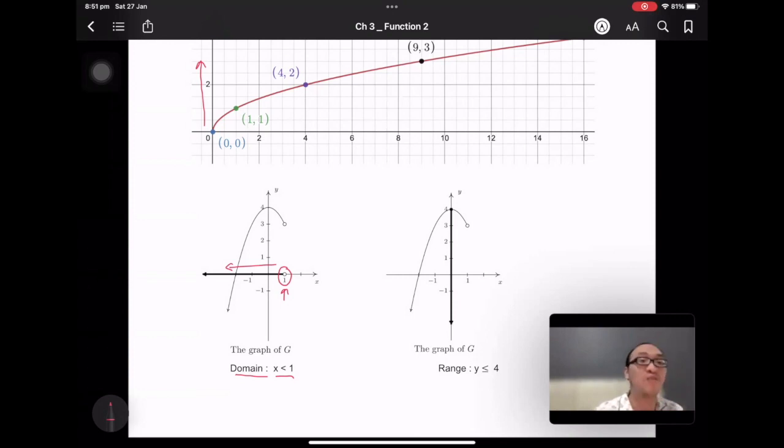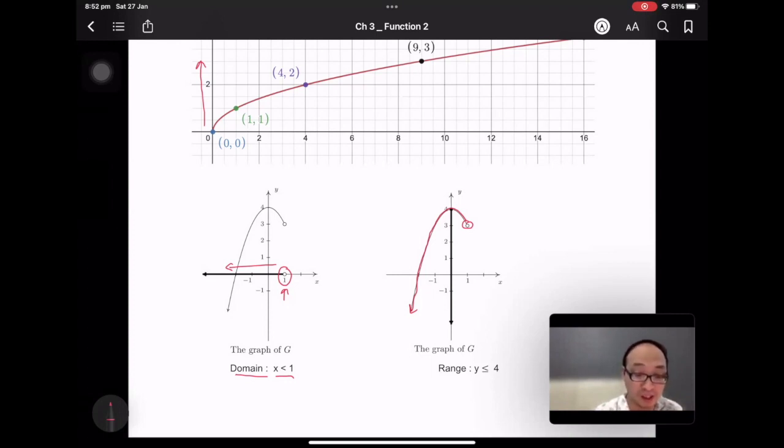And for the range, we see from the y-axis. The graph starts from 3, exclusive, and then increases to 4, and then goes downwards into negative infinity. But the range should be taken from the maximum and the minimum values of y.